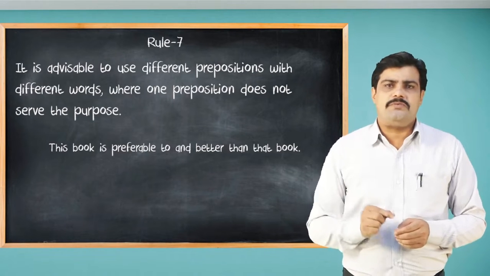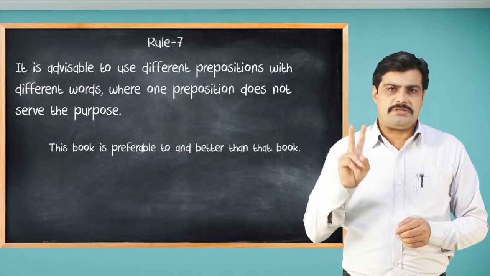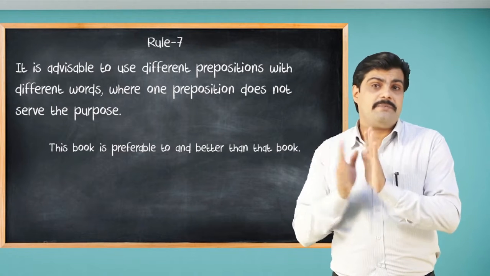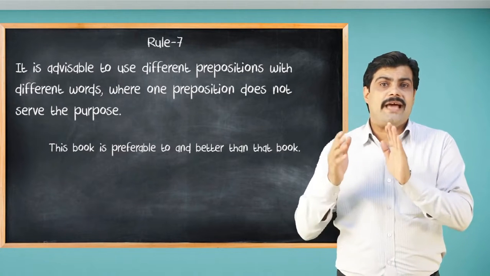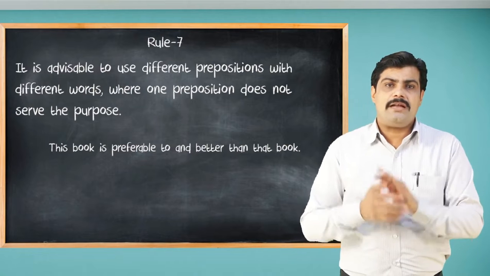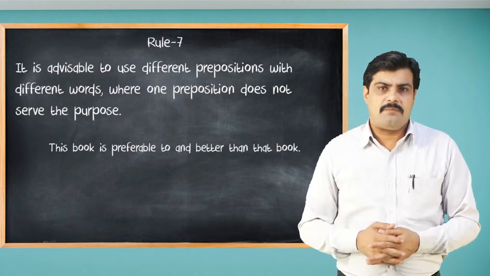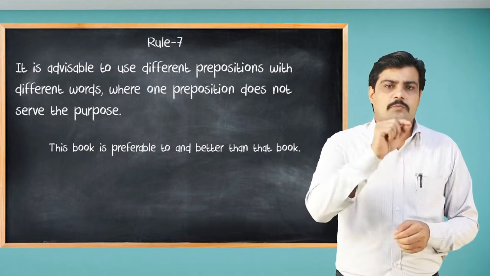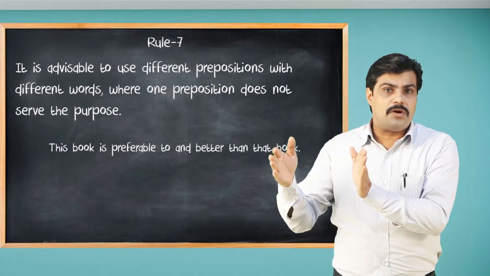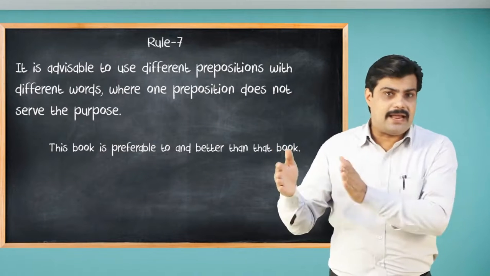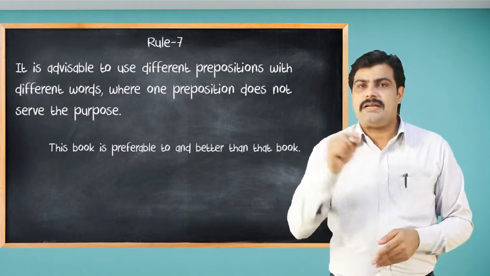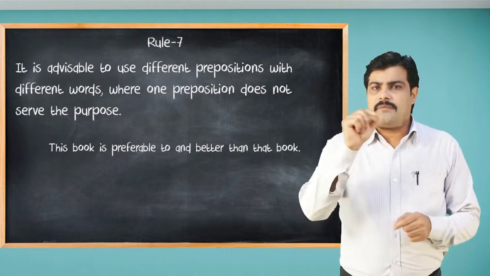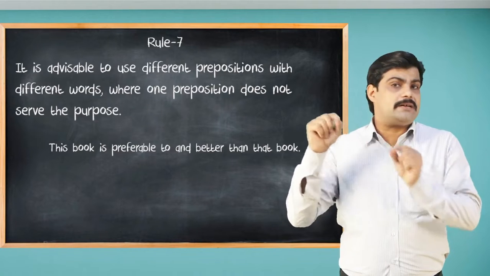Both these words require two different prepositions, so the preposition than is not sufficient to serve both the words, preferable and better. Hence the correction would be: this book is preferable to and better than that book. So in this sentence we have used two separate prepositions, preferable to and better than.